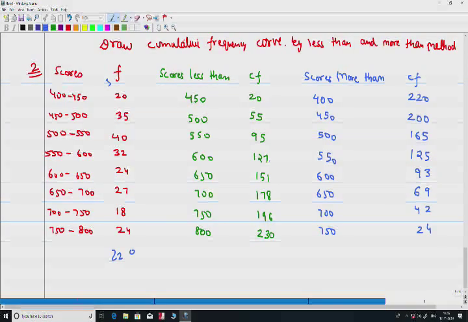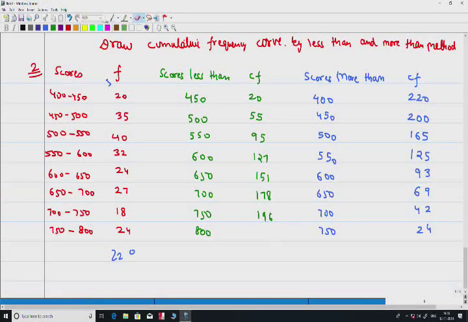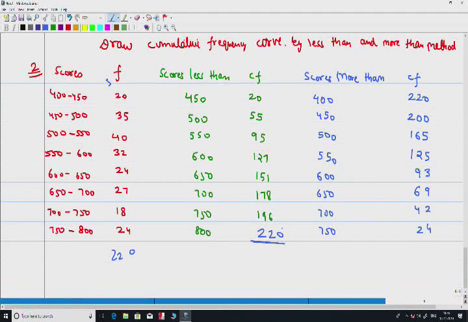And here it will also be 220. These are the values, right? So scores less than this one and more than this one we have done.